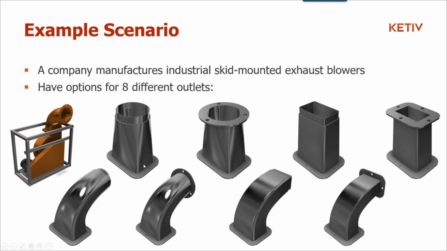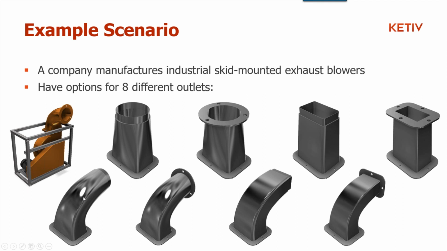Their choices are that they can either have an outlet that is circular, so you can see all of our circular ones over here, or rectangular, which are over on this side. They can also have outlets that are flange, which you can see here, here, here, and here, or they can have a clamp-based ending, which you can see here, here, here, or here.